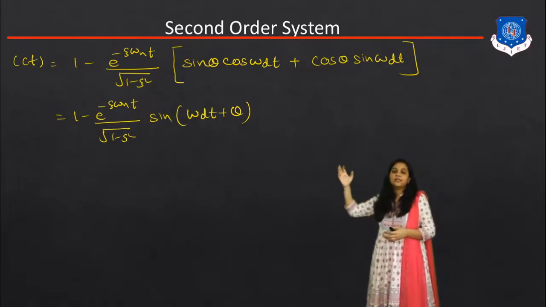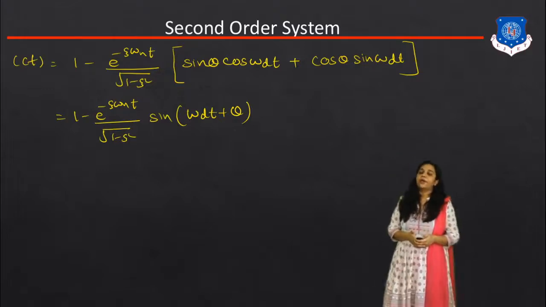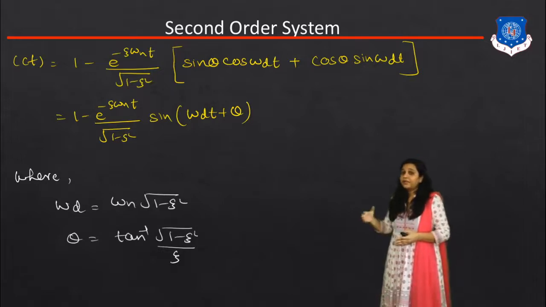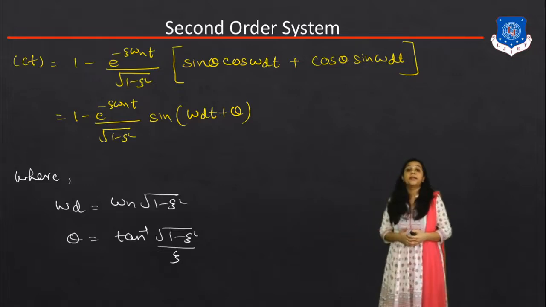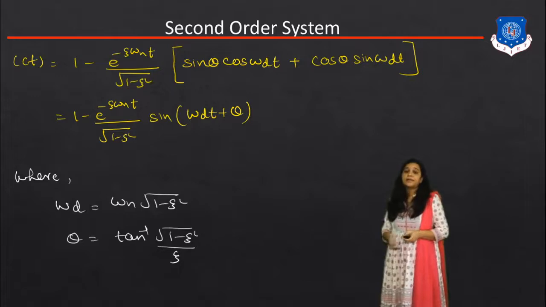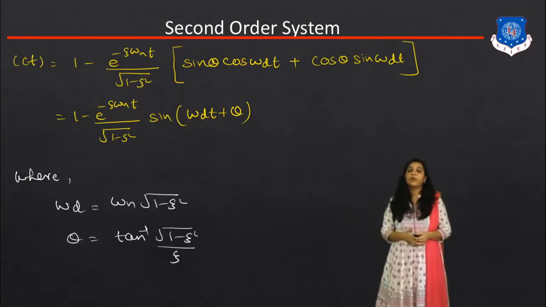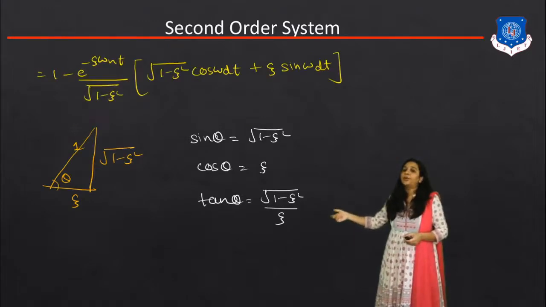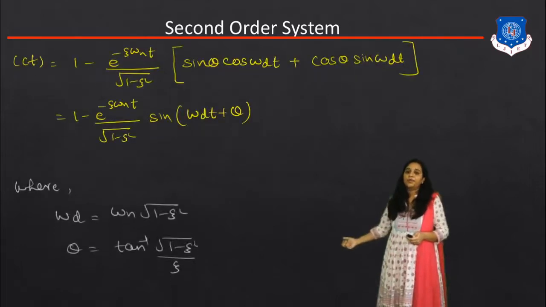So what is the equation of omega d? Omega d is the damping frequency, equal to omega n under root of 1 minus zeta square, and theta is equal to tan inverse of under root of 1 minus zeta square upon zeta.